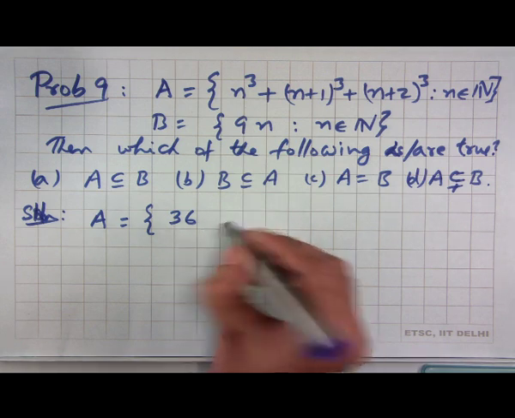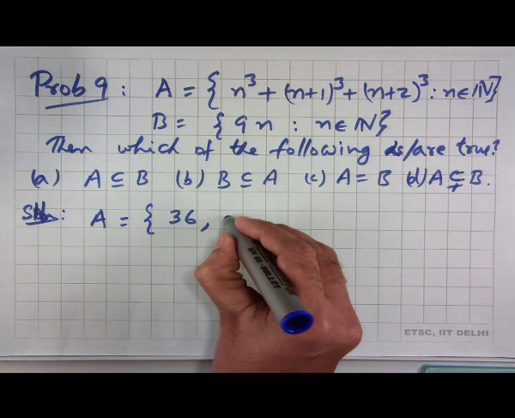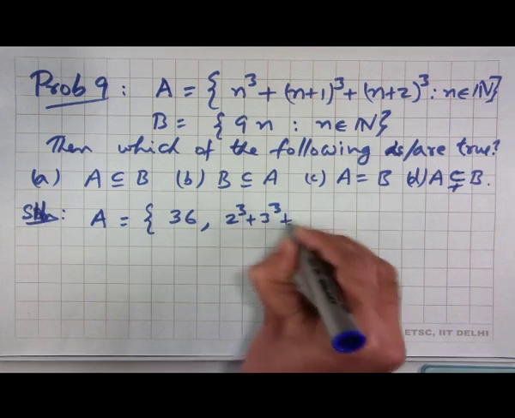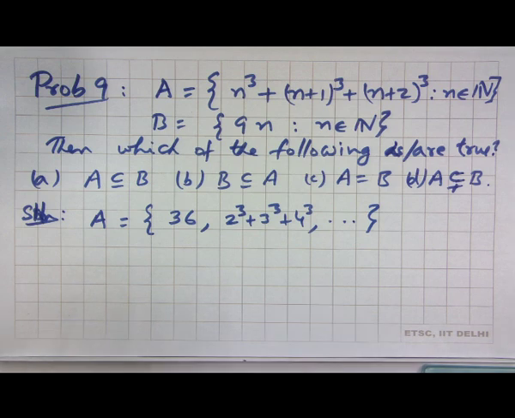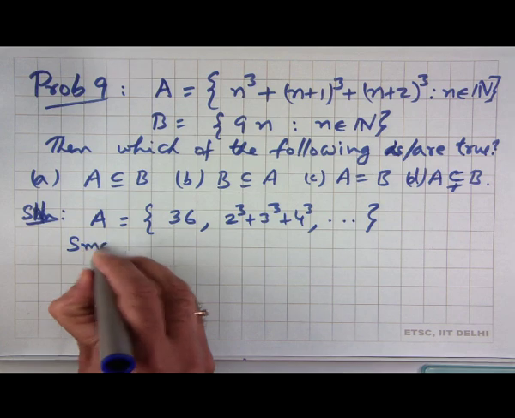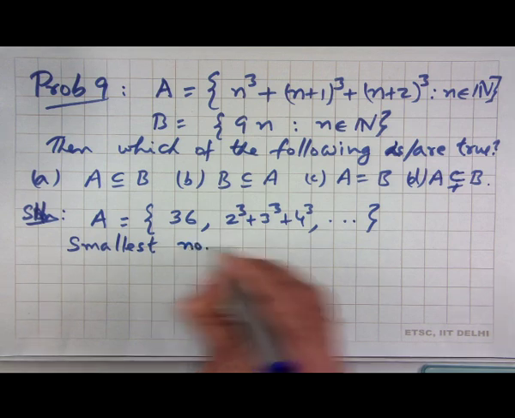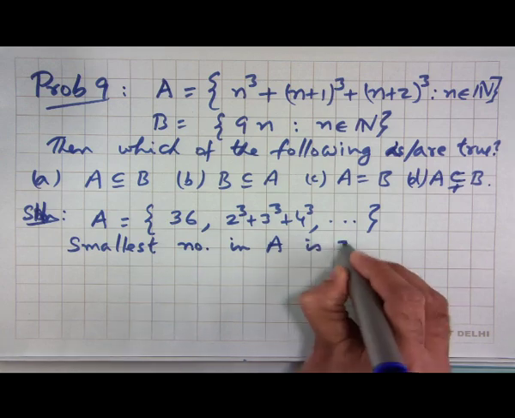Then you can find the other one, this will be 2 cube plus 3 cube plus 4 cube and so on. So, the smallest number in A is 36.